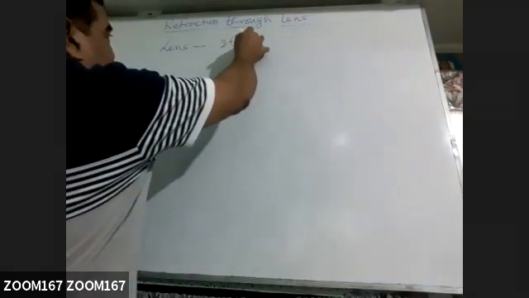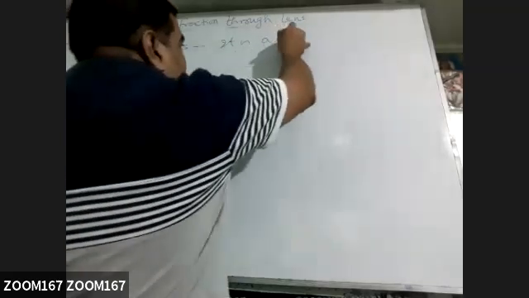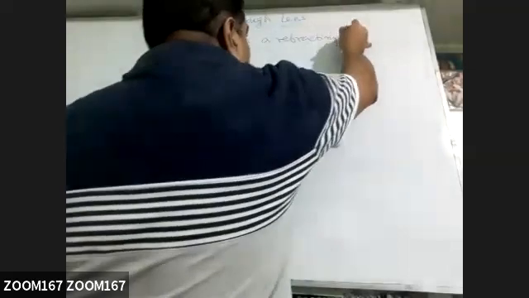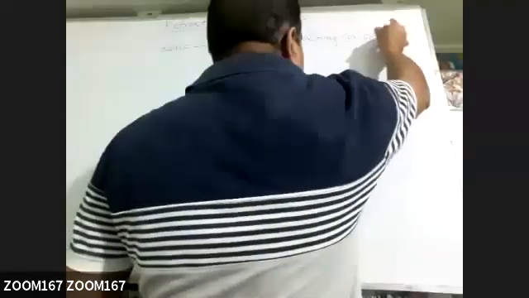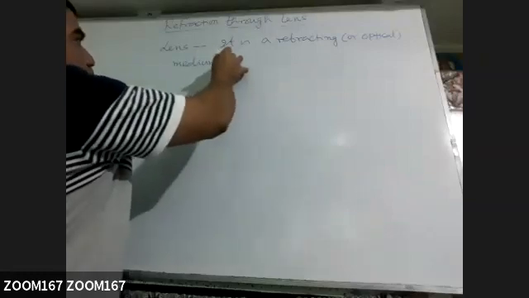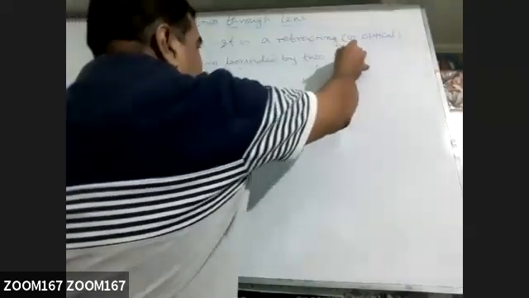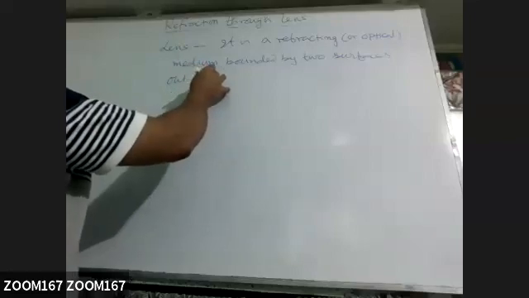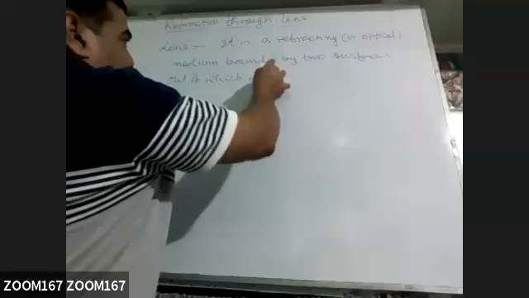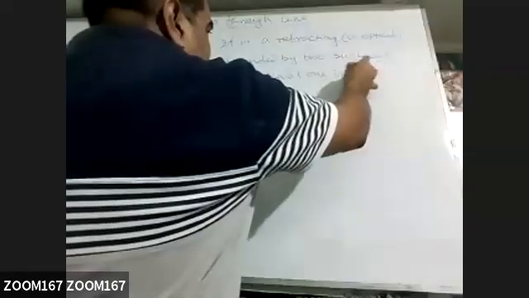So first, what is a lens? A lens, we say, is a refracting or optical medium bounded by two surfaces, out of which at least one is spherical.